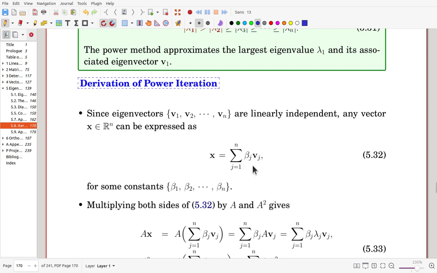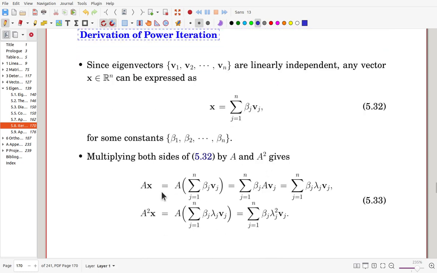Now, for this expression, we multiply by A. Then, for this finite summation, A can be applied to each eigenvector. But A Vj is the same as lambda j Vj. So we have this term.